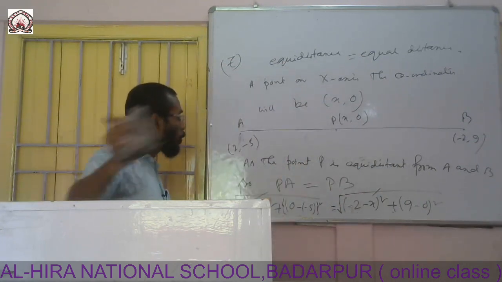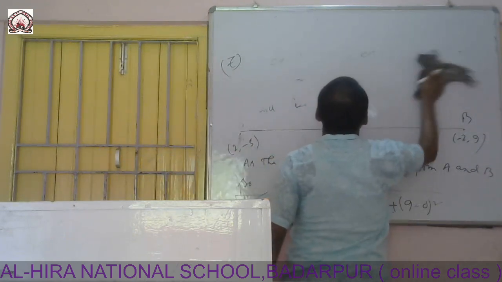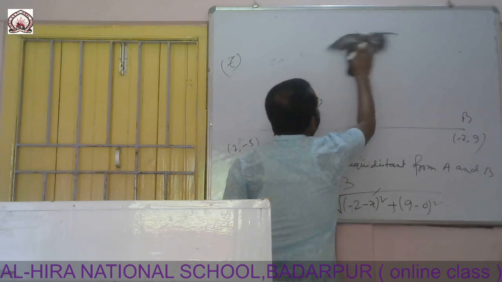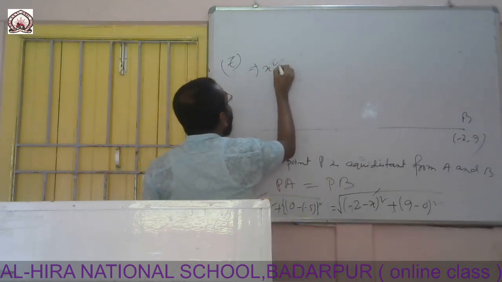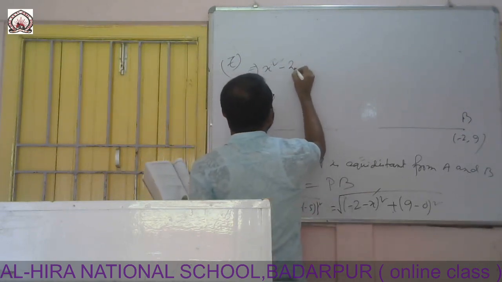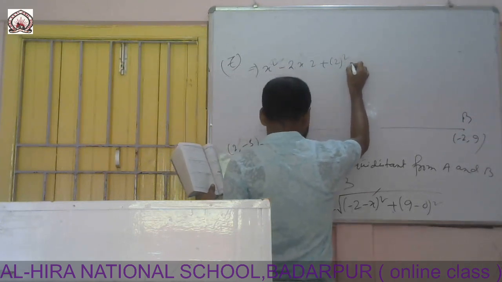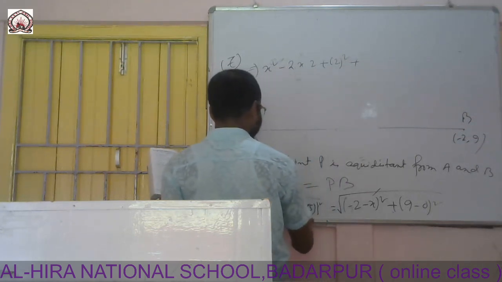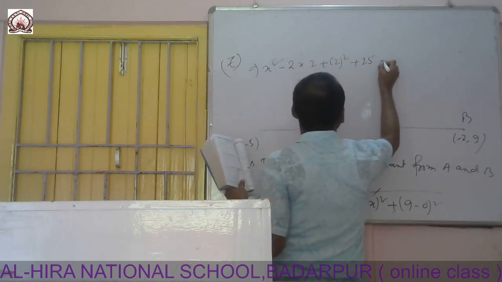then (x minus 2) whole square is x square minus 2 into x into 2 plus 2 square, plus (minus 5) whole square, which is 5 square, 25.